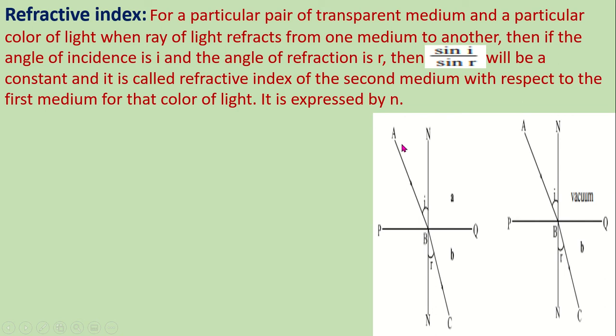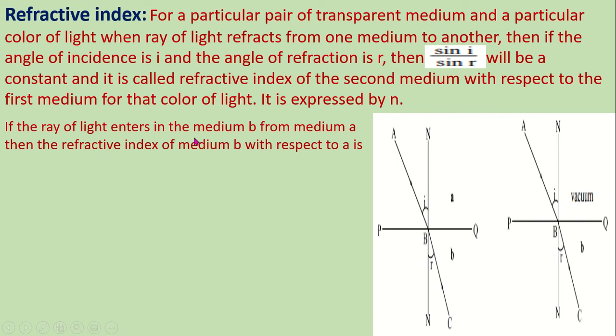Look here, AB is the incident ray and BC is the refracted ray. Here ABN is the angle of incidence and N prime BC is the angle of refraction.